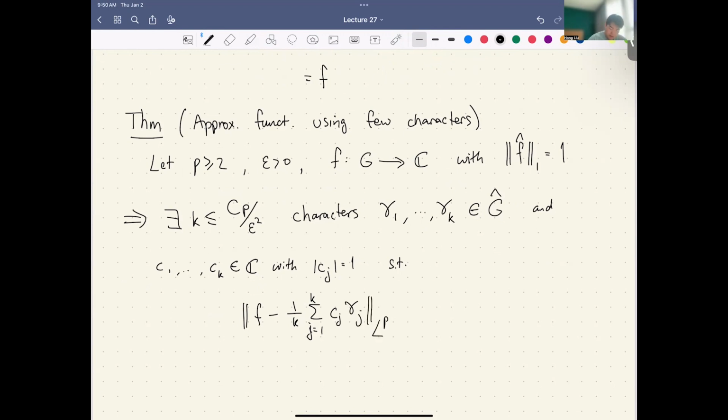Approximate it in the L^p norm up to epsilon distance. Okay.